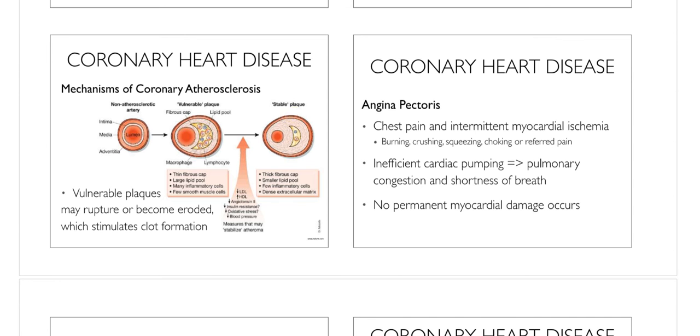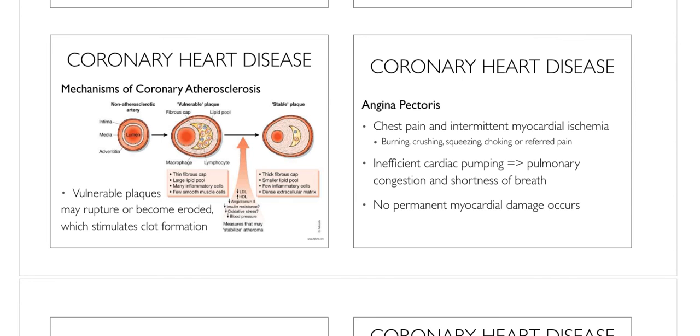This is considered a stable plaque because while we have this really tiny lumen, we also have this lipid pool covered with a very thick amount of fibrous material. So this doesn't really have much of a risk of going to the side of the lumen and forming an emboli.